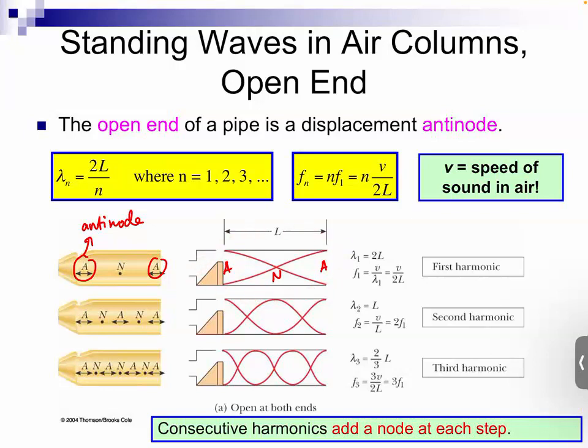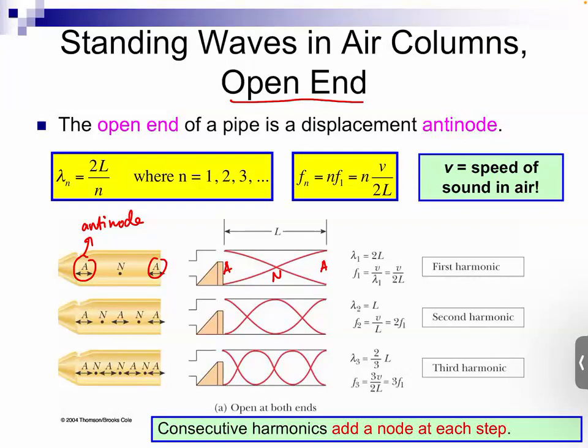This is for an air column with both ends open. And as I mentioned earlier, if both ends are open, then both ends should be antinodes, because there's nothing fixing the wave at both ends. So you have antinodes here.